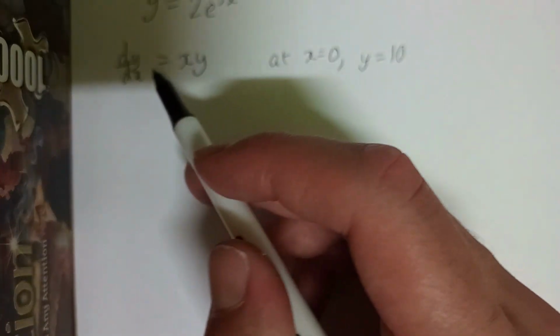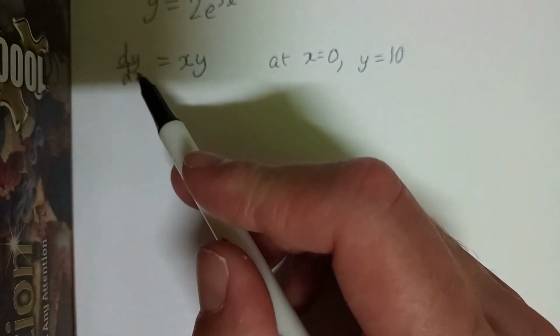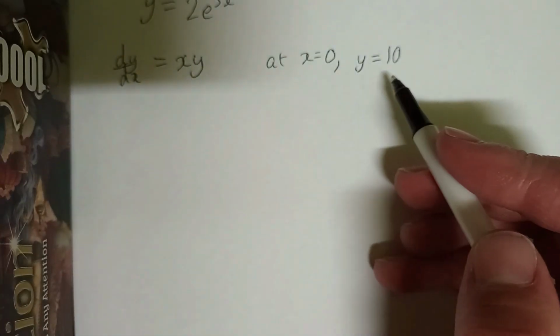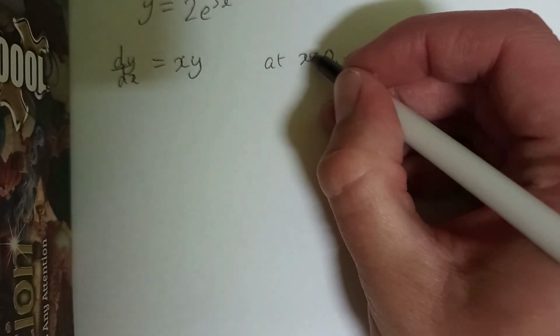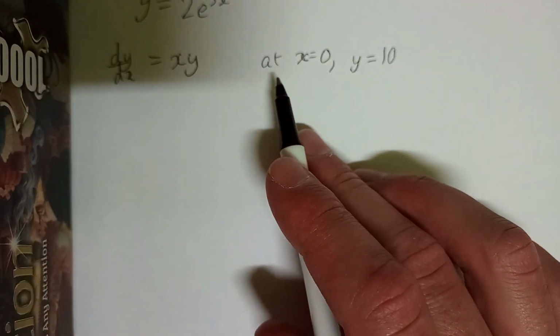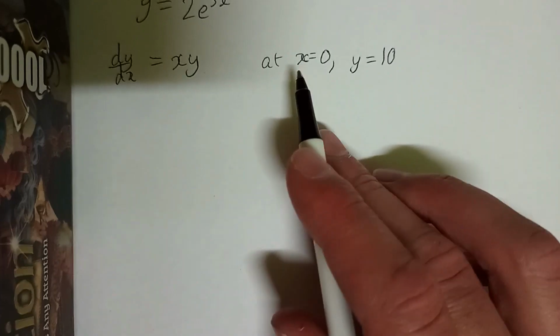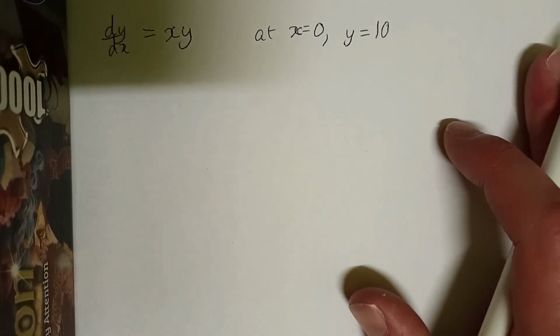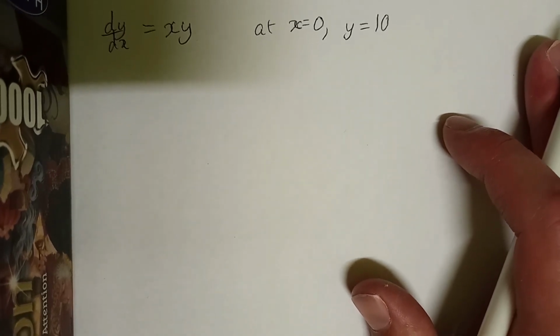Okay, so now we've got an initial value problem involving both a differential equation and an initial condition. Well, I suppose the term initial condition would really tend to indicate that the independent variable was time, which might not be the case here, but in any case, I'll still use the term initial condition.